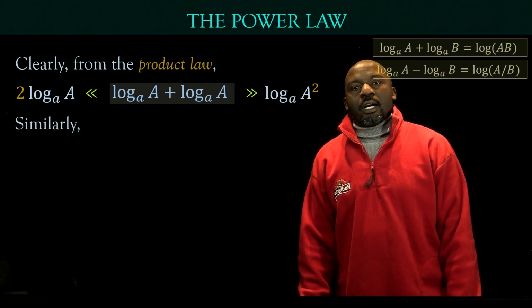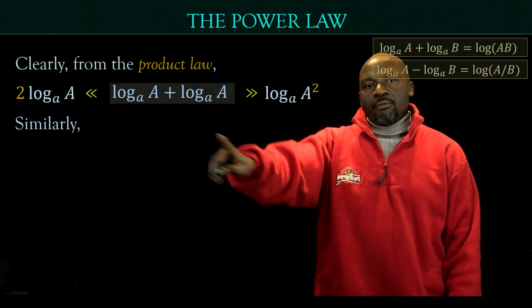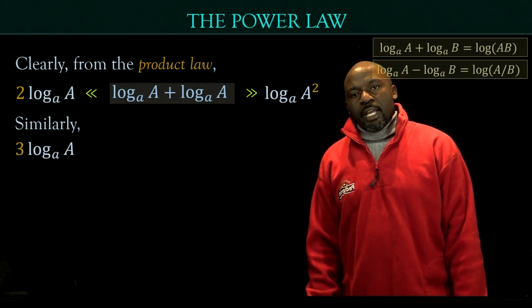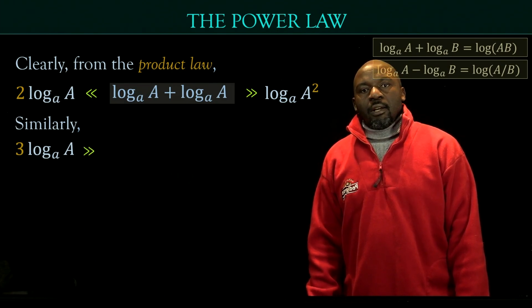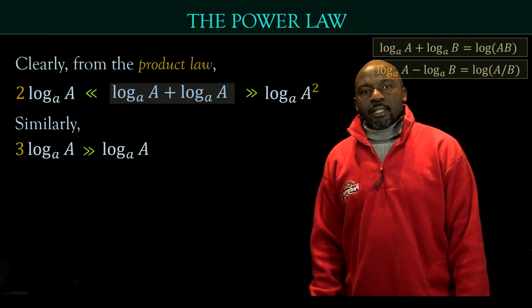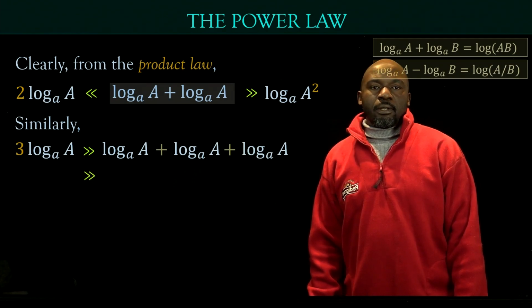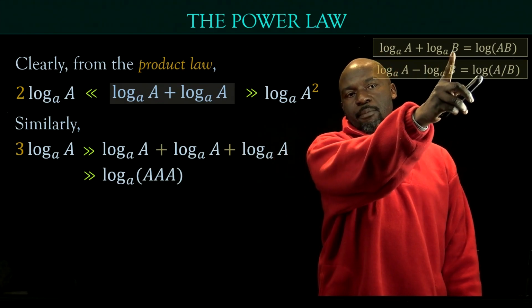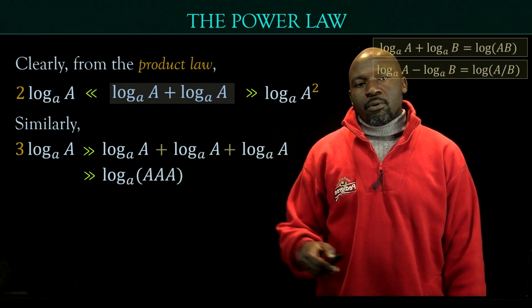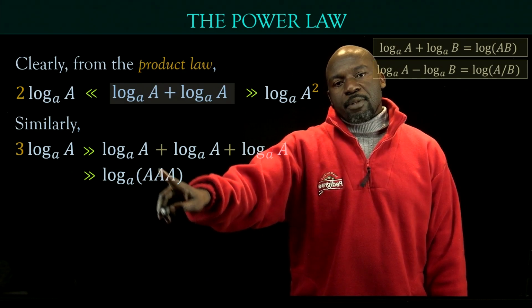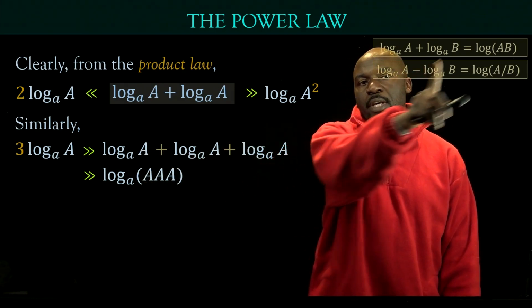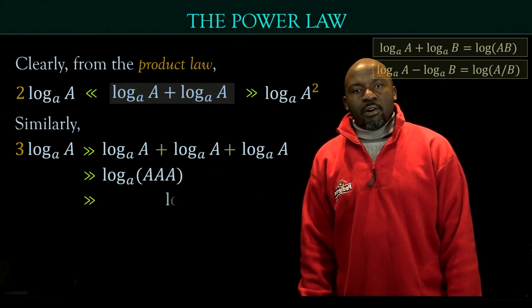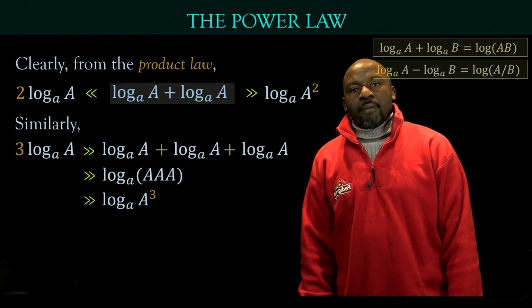In the same way, if we had 3 of them, then 3 log of A is the same thing as log of A plus log of A plus log of A, which is the same as, according to law number 1, the product rule, A times A times A. And so we can express this as log to base A of A power 3.